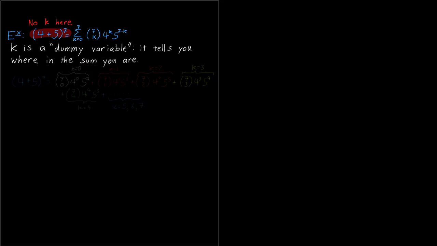So if we expand this out, we get the 7 choose 0, 4 to the 0, 5 to the 7. And then we get the 7 choose 1, 4 to the 1, 5 to the 6 term. And so on.